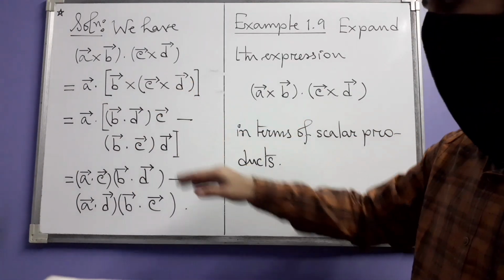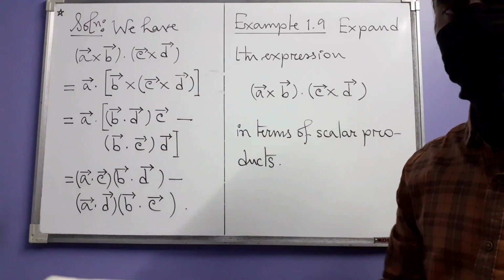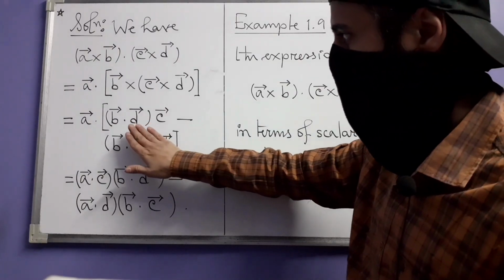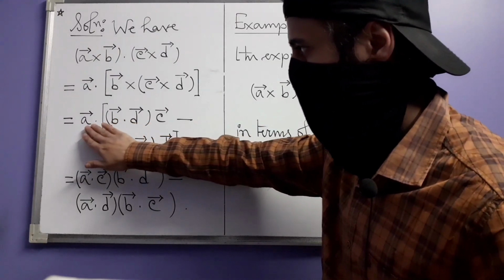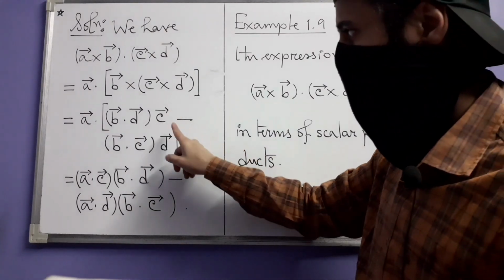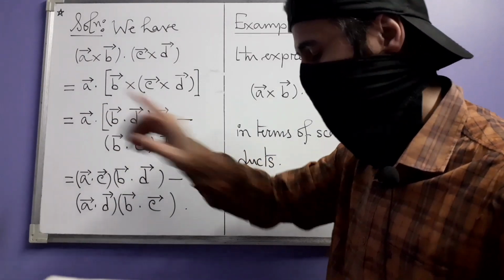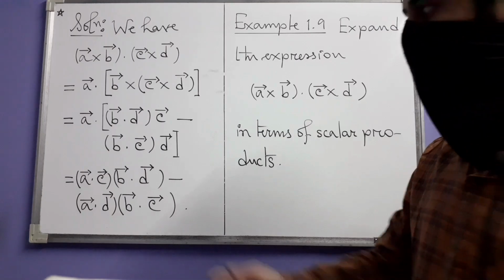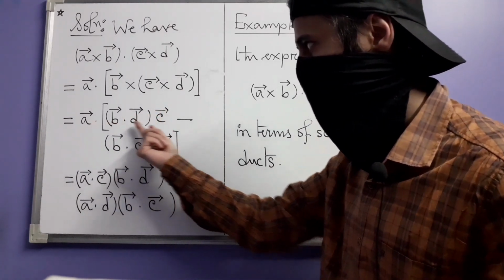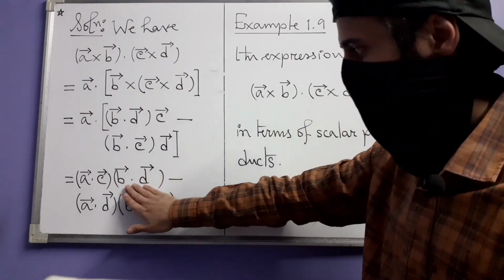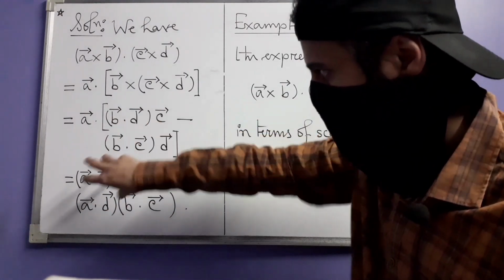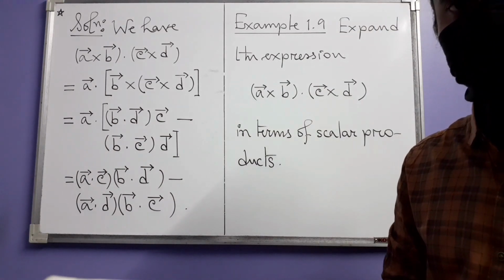And then you use the linearity properties of your ordinary dot product, that means scalar product. Note carefully that when you take the product of A and this vector, it is actually C multiplied by the scalar B dot D. So that B dot D stays separately and we take the scalar product of A and C. Whether you write this one first or that one first, it does not matter because these two things are real numbers.